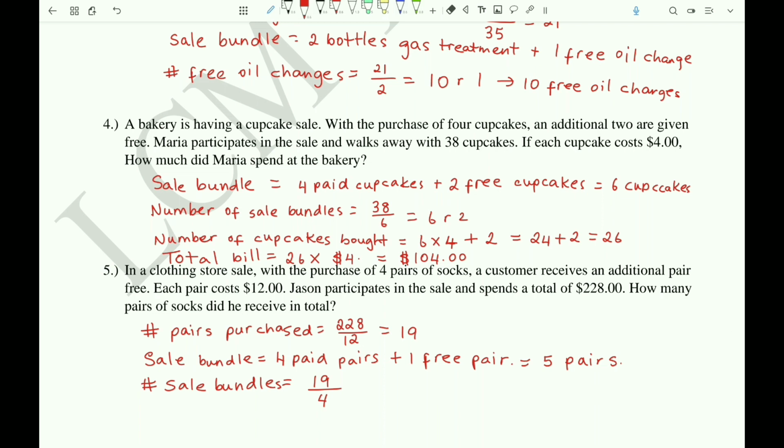So we're looking to see how many times 4 can go into 19, and that is 4 times with a remainder of 3, right? So that means that Jason would have purchased 4 pairs of socks 4 times, and then 3 extra pairs of socks.